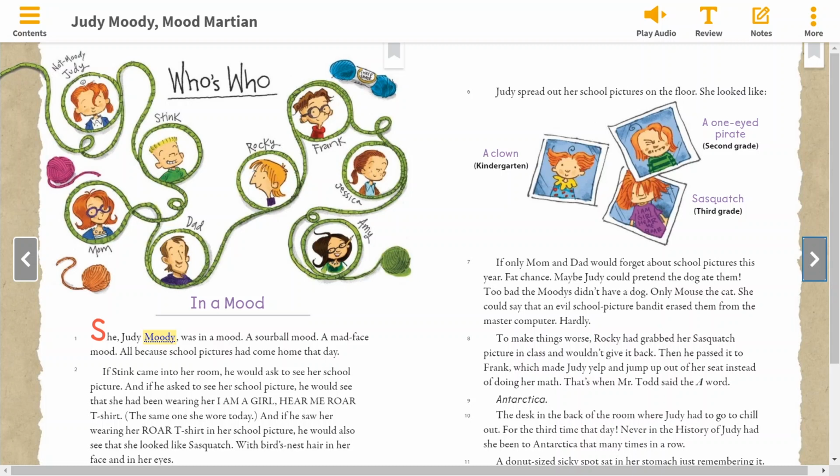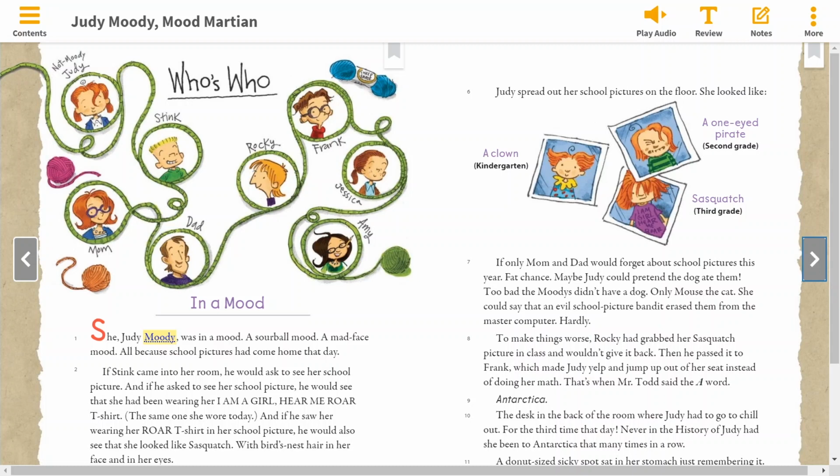That's right. They are all school pictures, and Judy has dressed up or made a face in every one of those pictures. Now think about this. What do the illustrations tell you about Judy's personality? Look very closely. I'd like for you to pause for a few seconds and think about that.